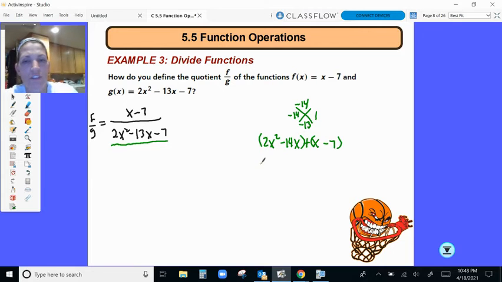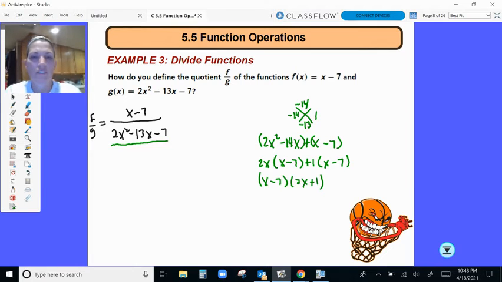Let's group those, and we'll factor out a 2x, leaves me with an x minus 7. We'll just factor out a 1, leaving an x minus 7. So you have x minus 7 times 2x plus 1. Okay, so if I'm going to rewrite this function, it's going to be x minus 7 over x minus 7 times 2x plus 1.